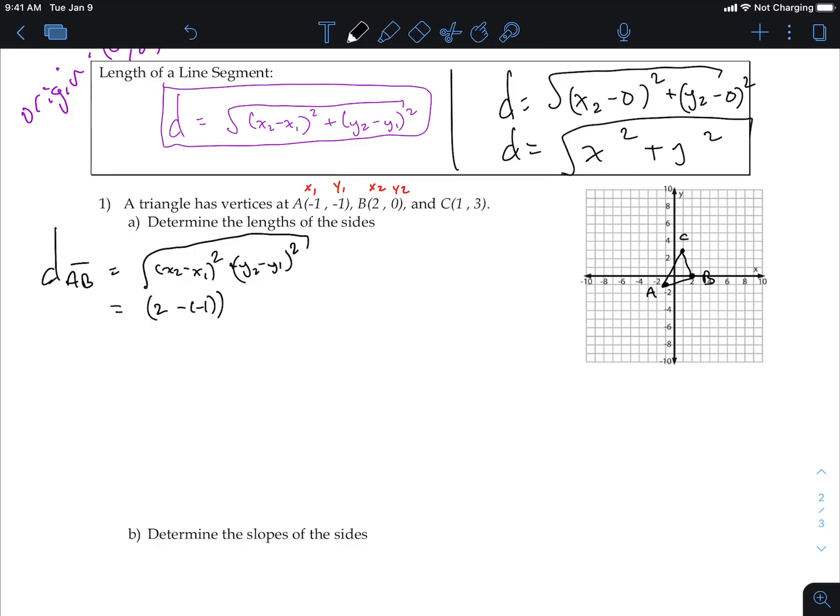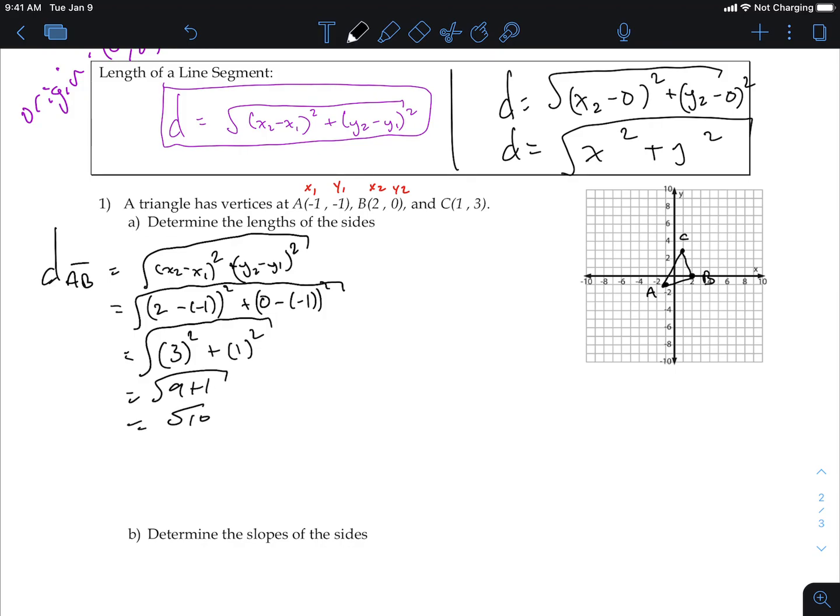Be careful. y2 is 0 minus -1. Square rooted. So that's going to equal 2 minus -1 is 3 squared, plus 0 minus -1 will be 1 squared. So I get 9 plus 1 square rooted, which equals root 10. I would leave that alone.